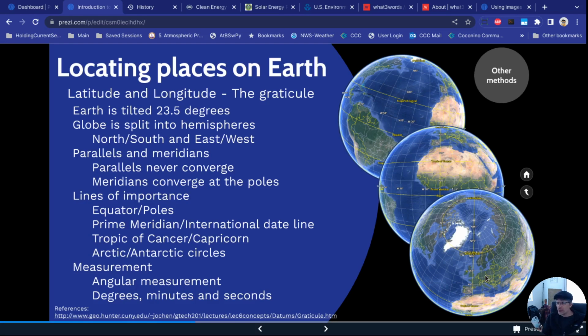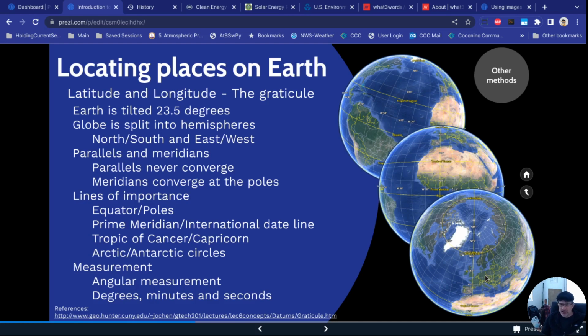And the same thing with the Antarctic Circle during the summer months for the northern hemisphere, or the winter months for the southern hemisphere, which would be in June, July, August. You get 24 hours of darkness during that time. And we'll go into the seasons a little bit more as the class progresses.